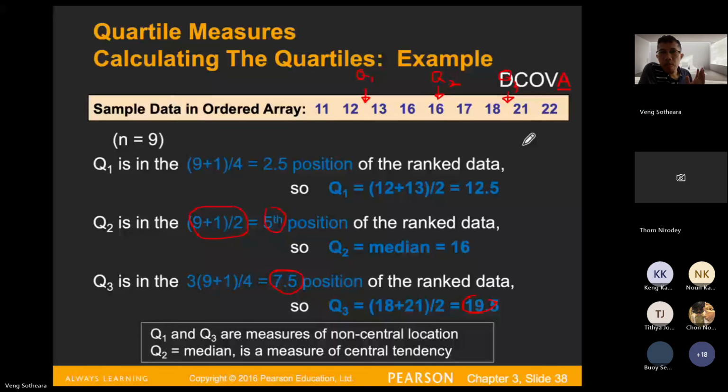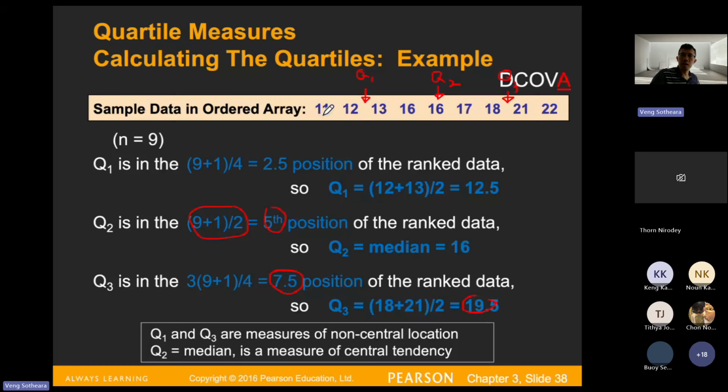If you are asked to interpret those Q, remember that any measure has its meaning. So if I ask you, what is the meaning of Q2? In this context, let's assume these are age data of 9 people.